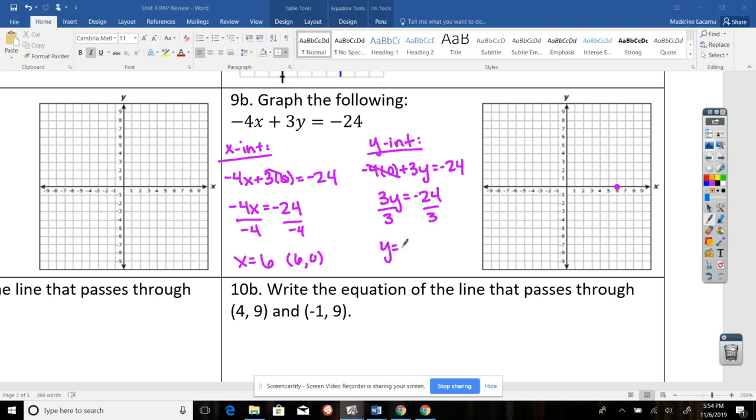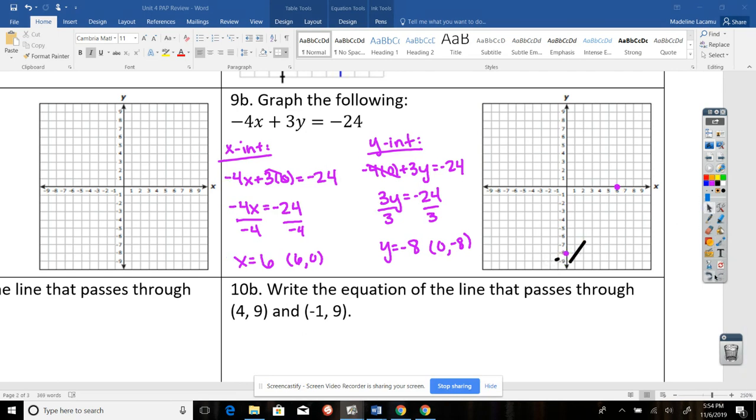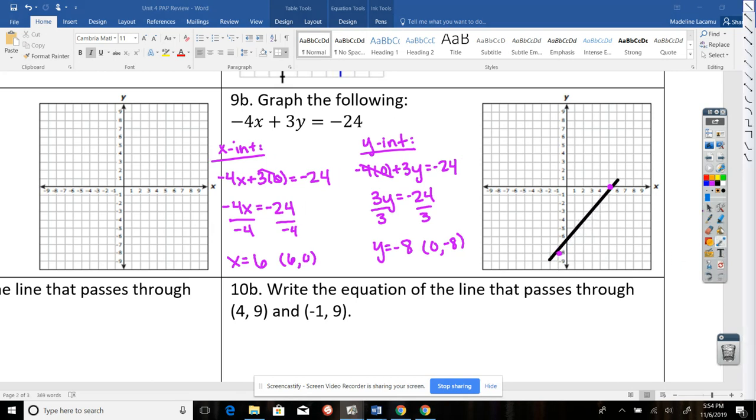So I get y equals negative 8, which means 0, negative 8 is our y-intercept. So I go down my y-axis to negative 8 and put my other point. Now we can connect our line and we have a finished graph.